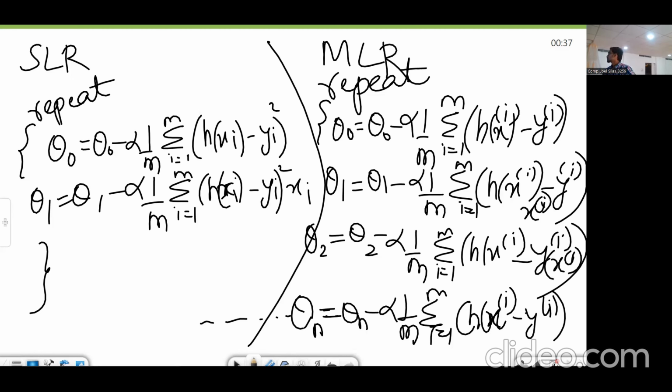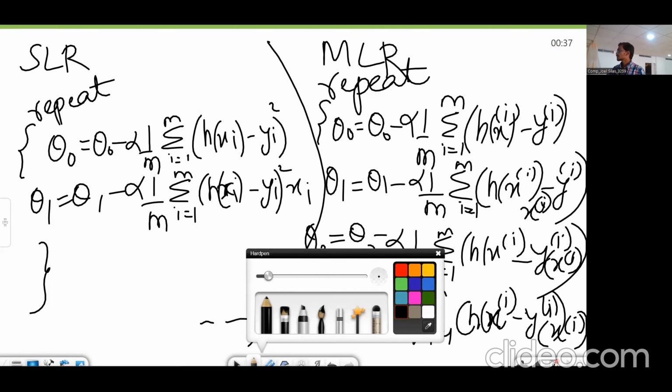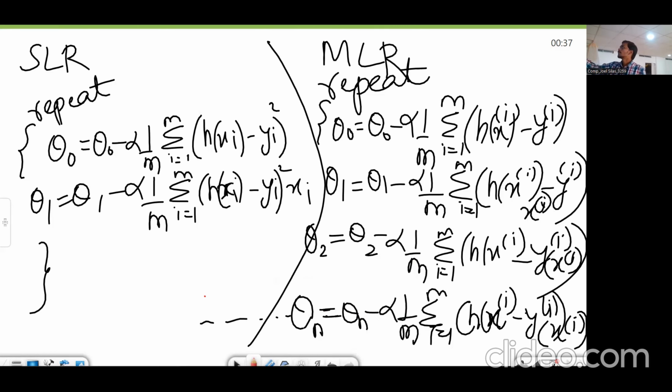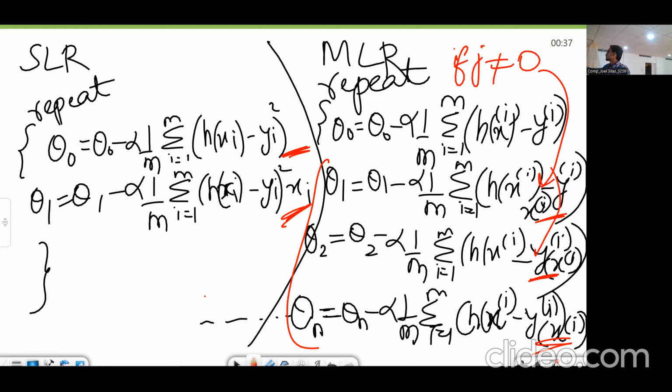We will multiply x of i. Because here we don't have multiplication of x of i, here we have it. And then from theta 1 onwards, in multiple linear regression, we'll have to multiply. So each time we write for theta j, which is not equal to 0, if j is not 0, we need to keep multiplying x of i.